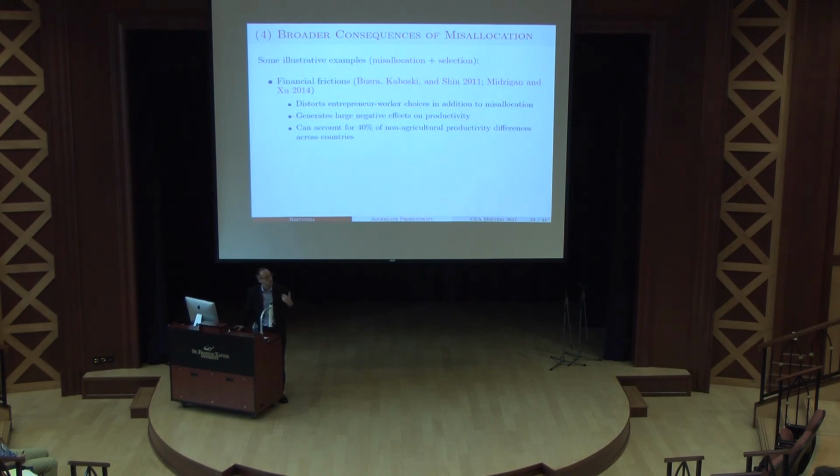Similarly for distortions, if you're a very productive producer, but you're a good producer in other sectors perhaps, on other activities, and these distortions are lowering your return to being in that sector or in that activity. So you can see that misallocation and selection and technology are going to be related. There are several articles that have emphasized this, so I'm just going to give you a few examples, and I'm almost done.